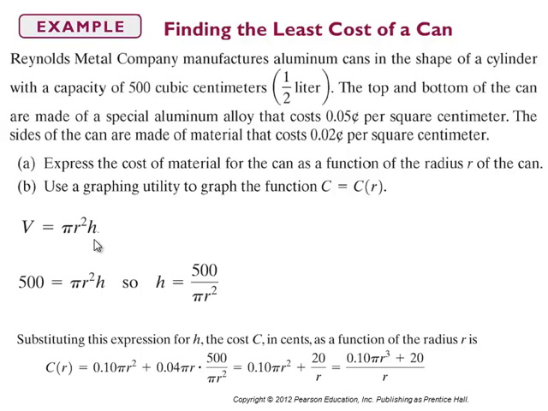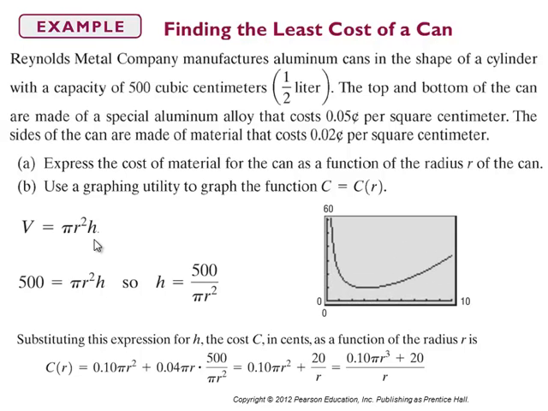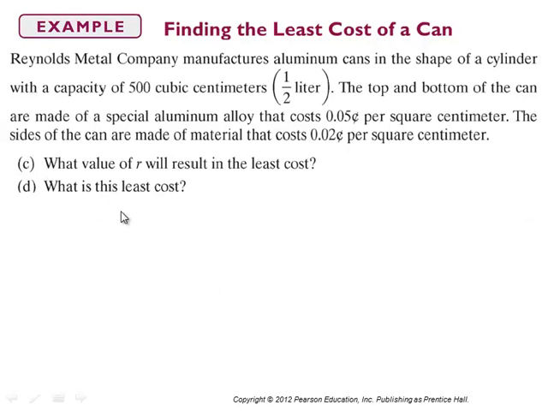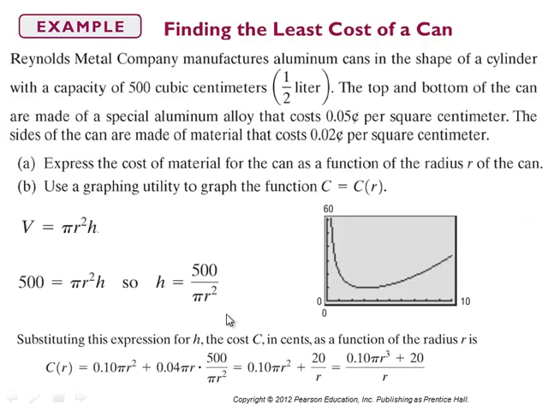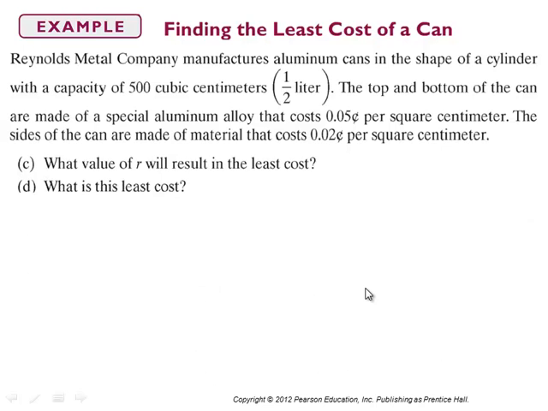Then let's go ahead and plot the graph of this cost function. Here's the graph of that cost function, plotted in our graphing calculator. And then you can use your minimum function on your graphing calculator to find the coordinates of that minimum value.